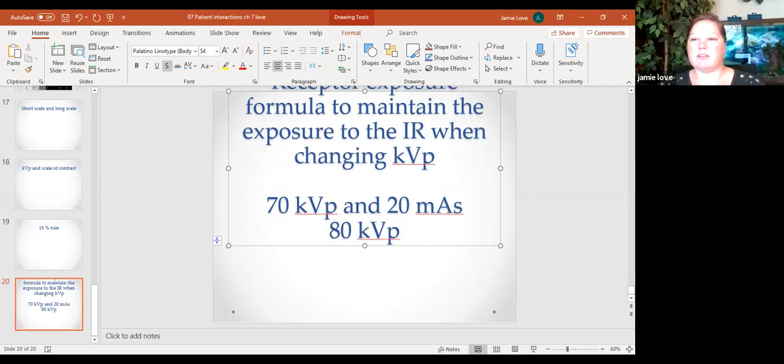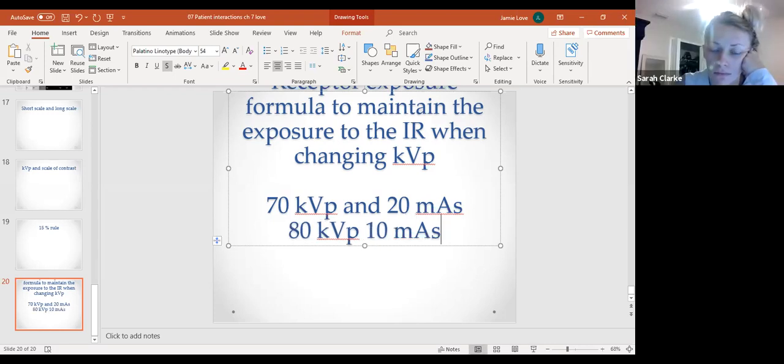I don't want that many photons. It'll be too dark. I'm going up in kVp, making more penetration, essentially doubling the amount of photons coming through. So to make the same exposure to the IR, about the same amount of photons making it through, I have to halve my mass for the new exposure.